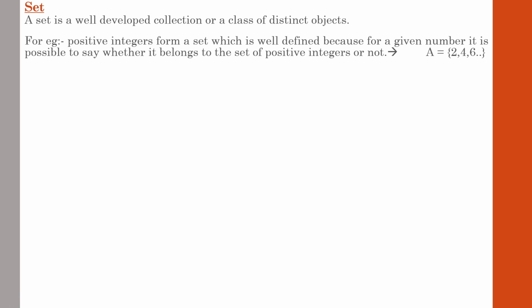So set means anything that can be grouped in which the particulars that come under the same group have similar qualities or characteristics. For example, we all know the term vowels. We know what is meant by vowels.